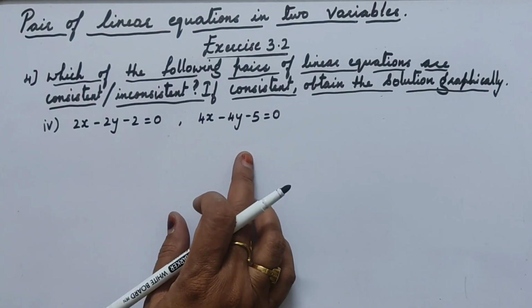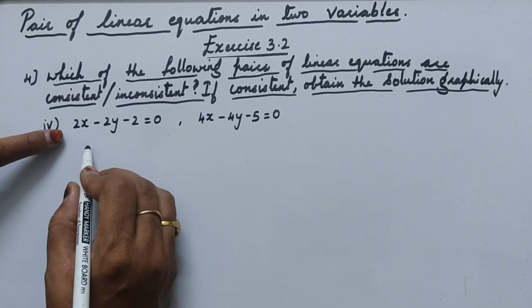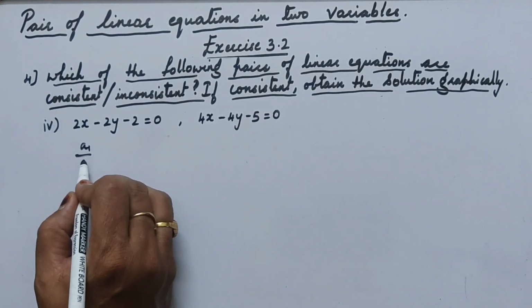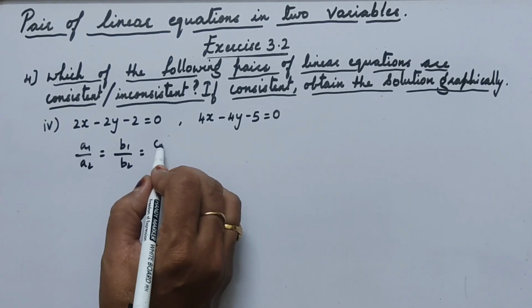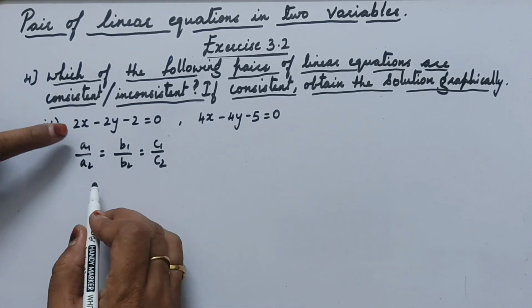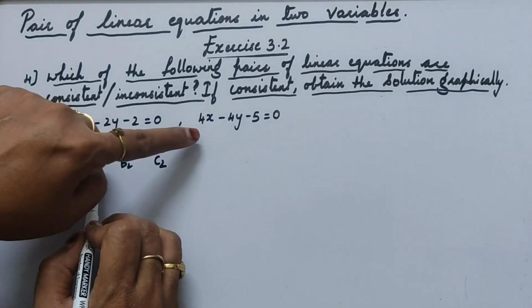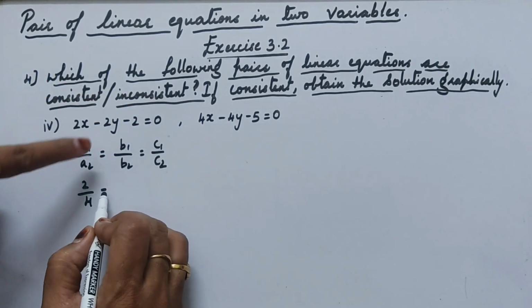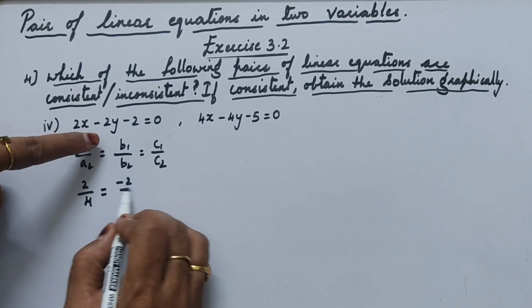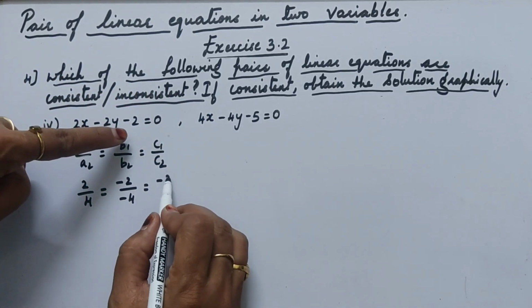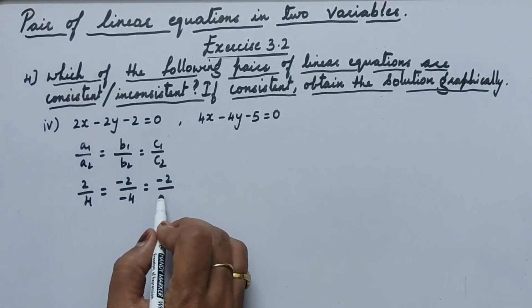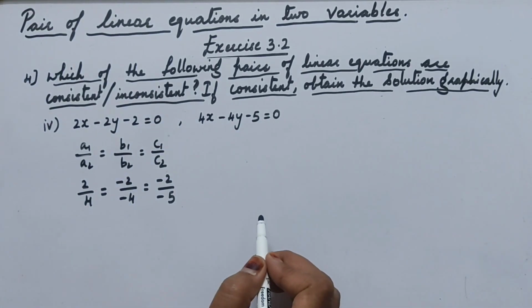Let's compare it. Okay, now here we have got a1 upon a2 equal to b1 upon b2 equal to c1 upon c2. Come on, a1 is 2 and a2 is 4. b1 is minus 2 and b2 is minus 4. c1 is minus 2 and c2 is minus 5.